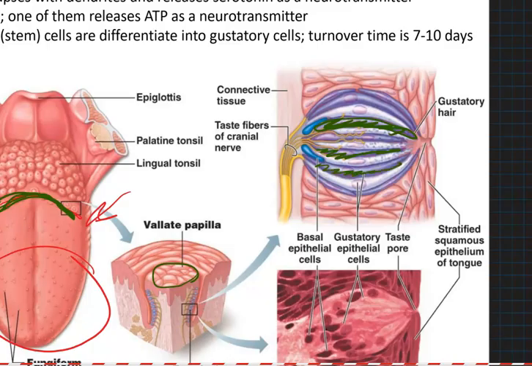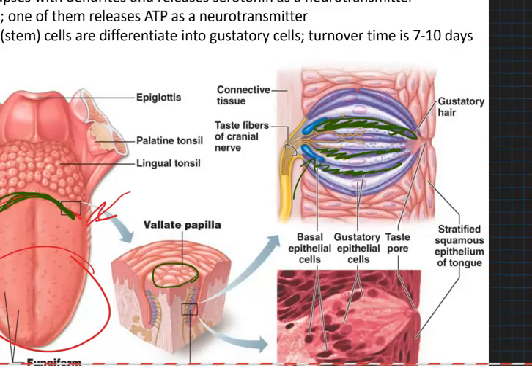At the end of gustatory cells are so-called gustatory hairs. And there are also the basal cells that can develop into a gustatory one.